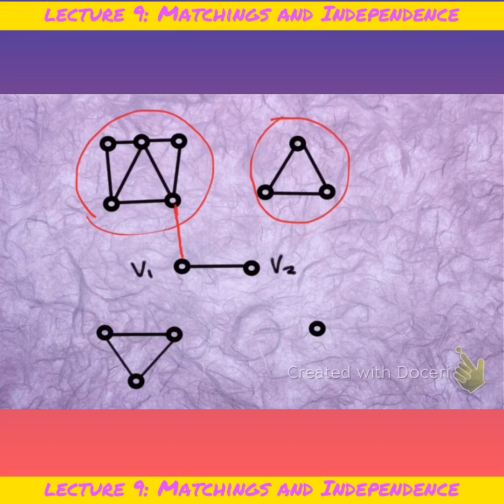The only vertex I can match that unmatched vertex to is V2. But now I've already used V1 and V2, so I can't match the unmatched vertex there, because I've already used them.